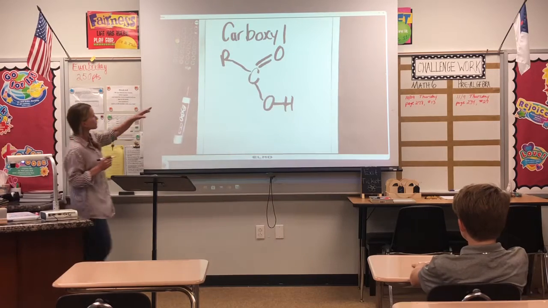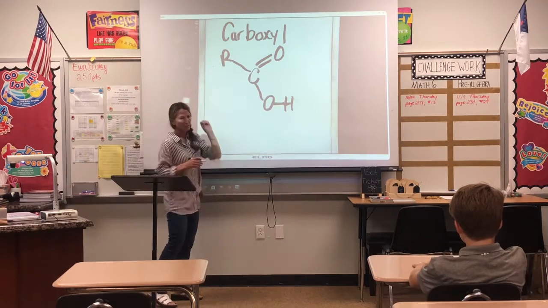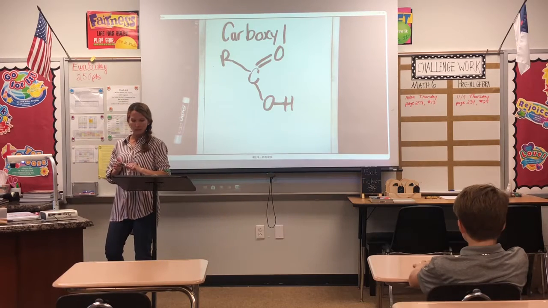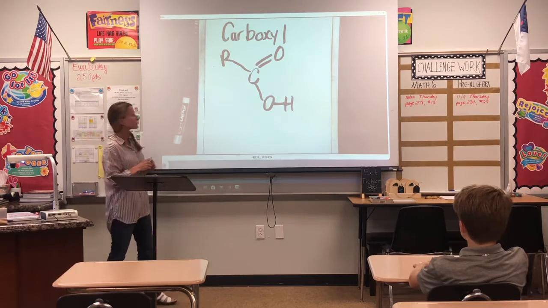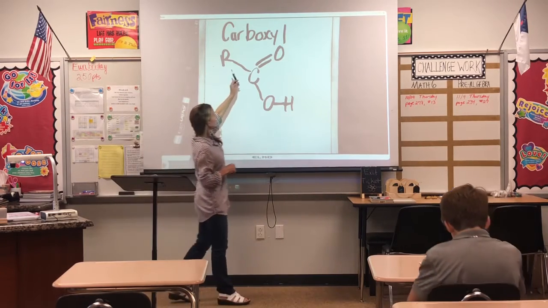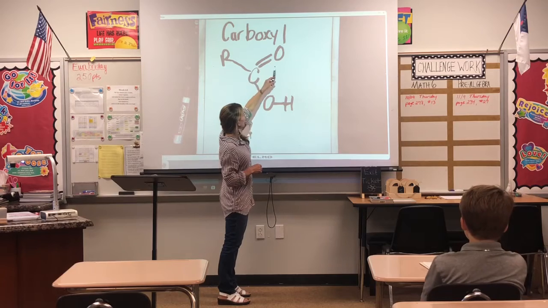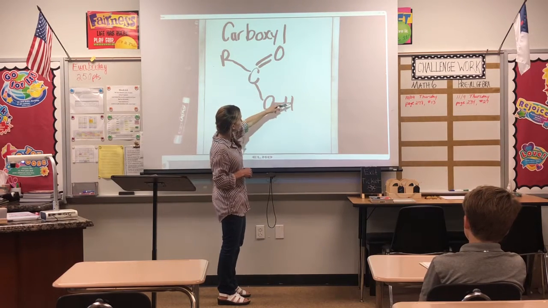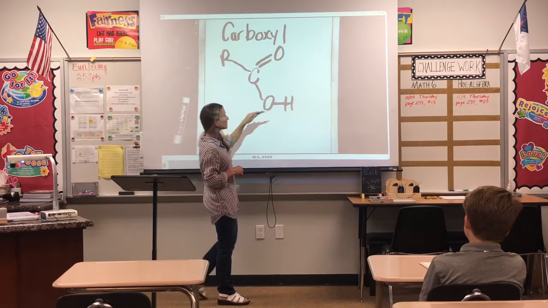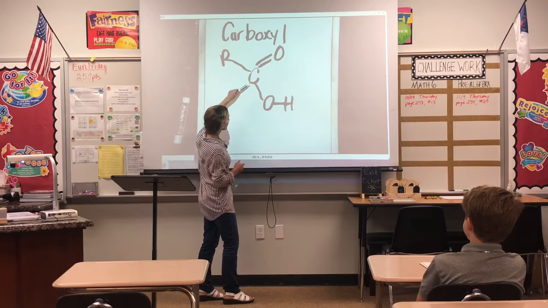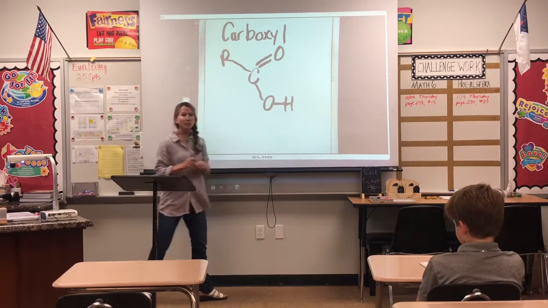R means another group. R is another functional group. Okay? So that is what the carboxyl functional group looks like. The double bonded oxygen with the carbon, and then the hydroxyl group here. So you can remember that by thinking carbonyl and hydroxyl, or carboxyl.